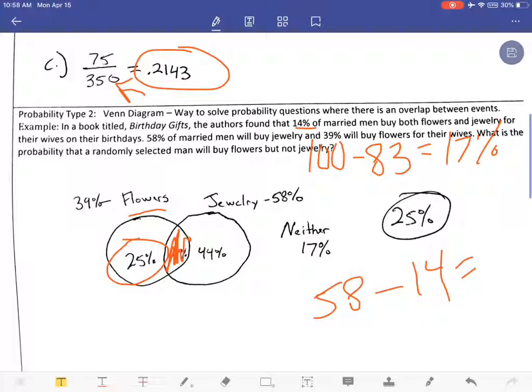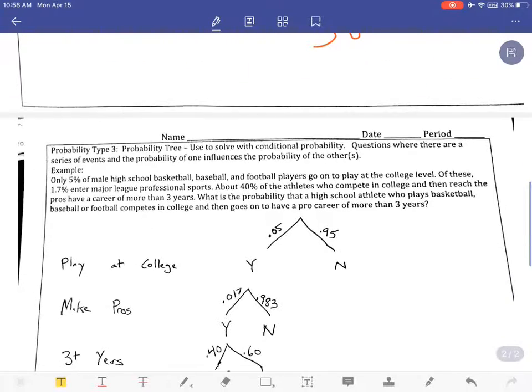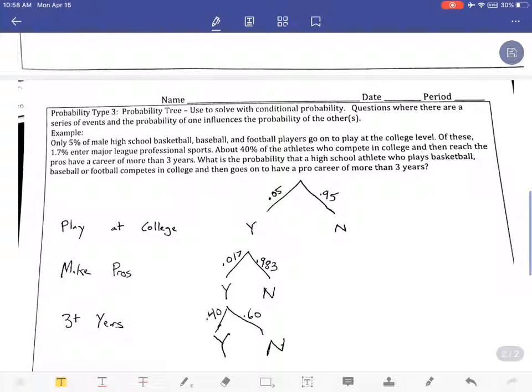All right, then the last part of this video is dealing with the third type of probability problems, which is our probability tree. So again, we use these anytime there's a probability problem where events are affecting another. Maybe an example would be, given that somebody is pulled over for speeding, what's the probability that they are intoxicated?